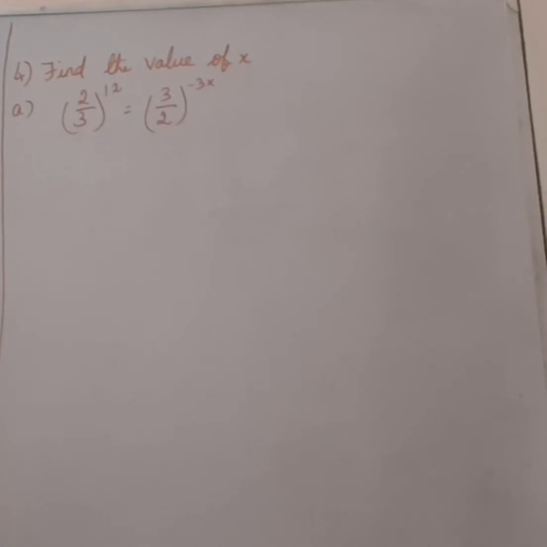Second Roman, simplify and express the answer in positive exponents. So we understood how to change negative exponents into positive exponents. Next, third Roman, simplify and express in negative exponents.